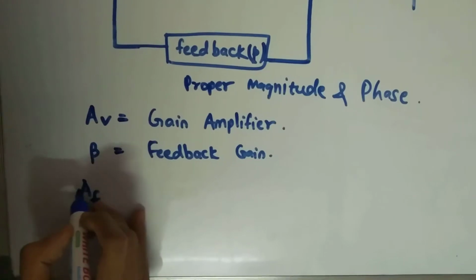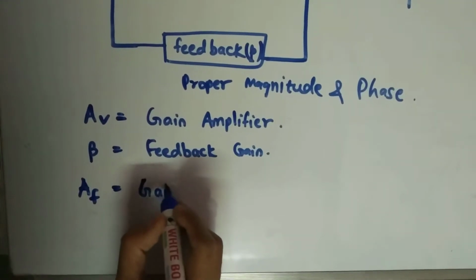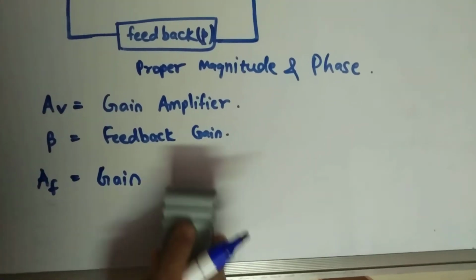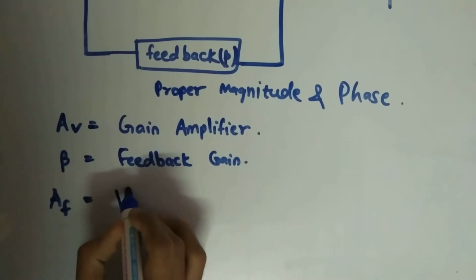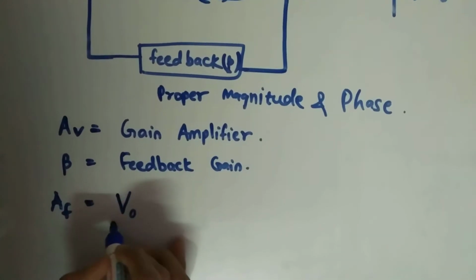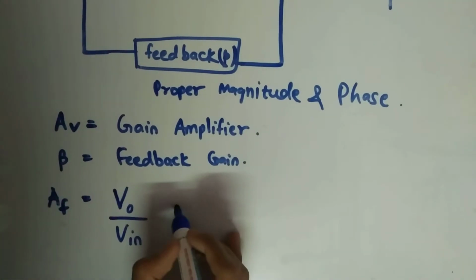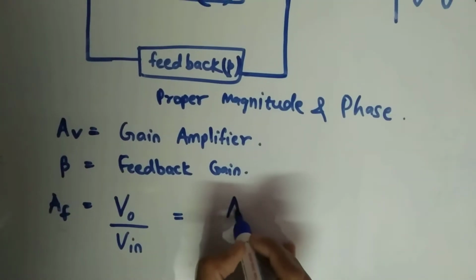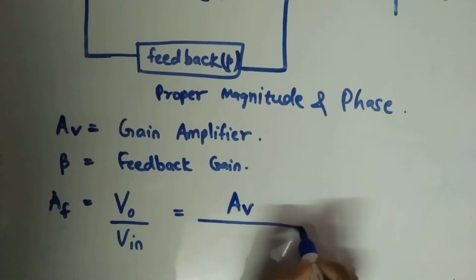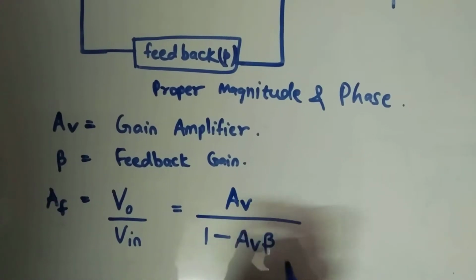If I write that as AF, the gain, then AF is V output upon V input. This is the formula for gain. What we get is the gain of the amplifier upon 1 minus gain of the amplifier into beta.